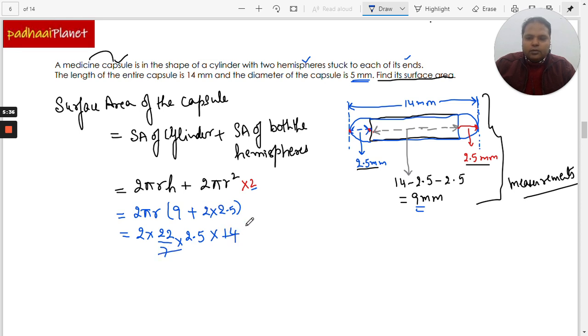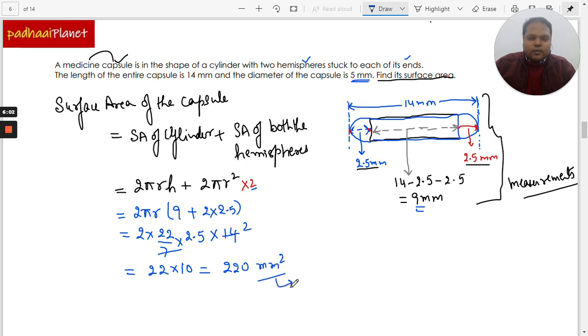So this goes here, and if we further simplify, then it's like 22 multiplied by 10, right? So that's what we get, and the answer is 220 square millimeter, right?